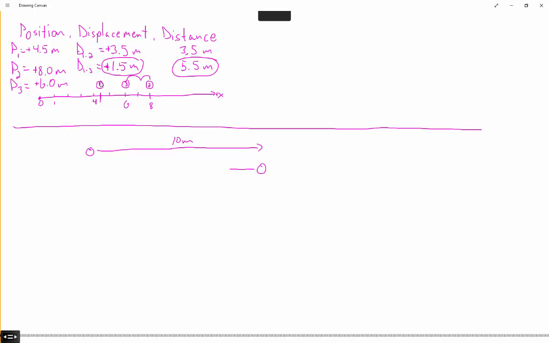Comes back 4 meters. Goes forward another 10 meters, and ends up coming back 11 meters.